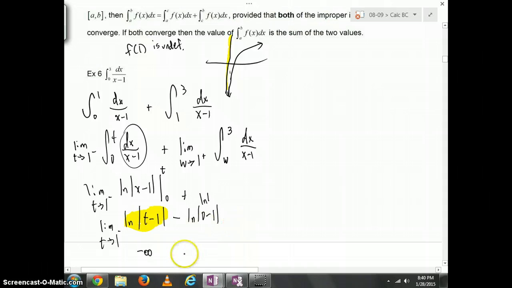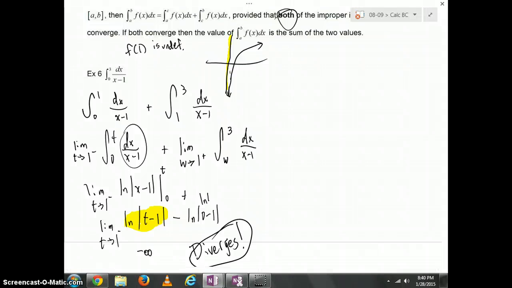Right now, we can say that this problem diverges. I don't even need to check the second integral. I don't even need to work that out. You must have both of the improper integrals converging if your original problem is to converge. It's not, so we can say without worry that this problem diverges.